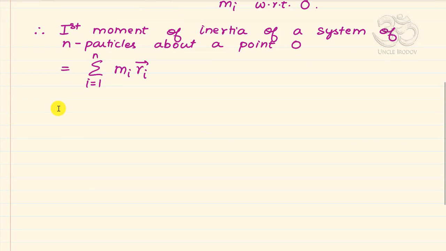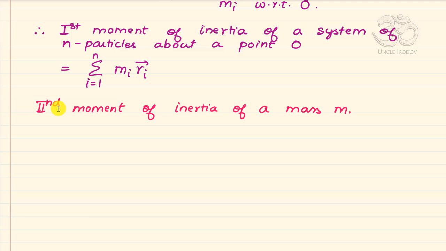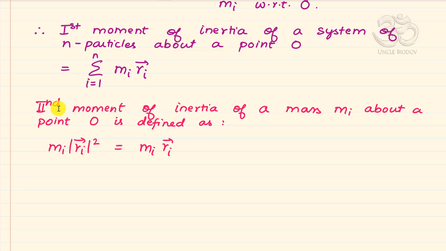So I can define the second moment of inertia of a mass mi about a point O as mi times the modulus of ri whole square, which is also mi times ri dot ri.